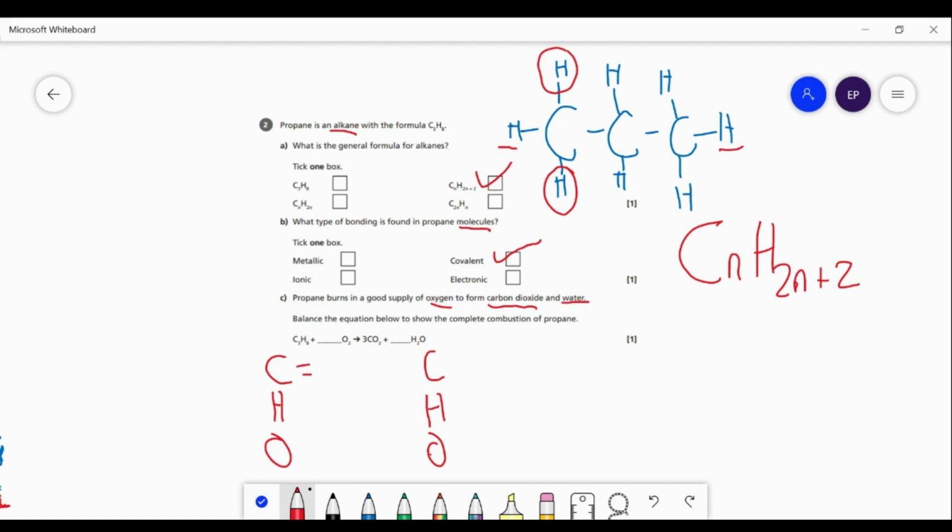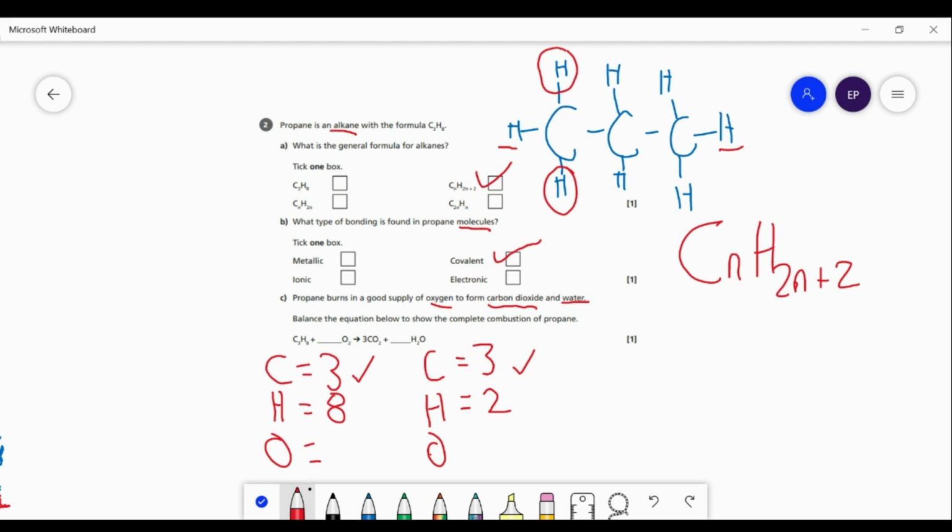Okay, let's see how many atoms we have of carbon at the start. There's 3 carbons on the left, and there's also 3 carbons on the right. So that's super, they balance straight away. On the left-hand side, the hydrogens, we have 8, they're just in one place. So it's 8 hydrogens on the left-hand side, and on the right-hand side, there are 2 at the moment, so they don't balance yet.